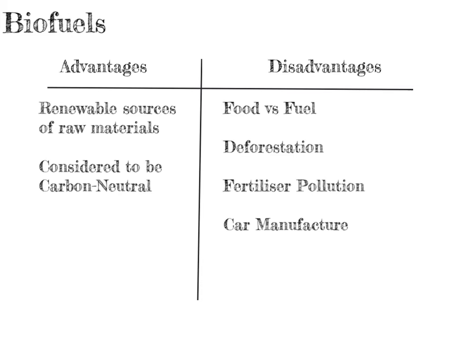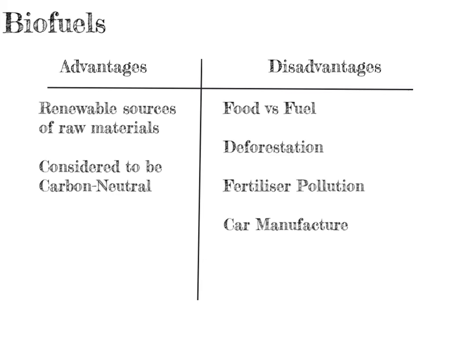Now, this advantage comes with a little bit of an issue in that when you're producing biofuels, some of the processes that are used to produce the biofuel do require fuel to be burnt to get those processes going. So although burning the biofuel itself releases no additional carbon dioxide into the atmosphere, the processes used to produce the biofuels do mean that additional carbon dioxide is added to the atmosphere.